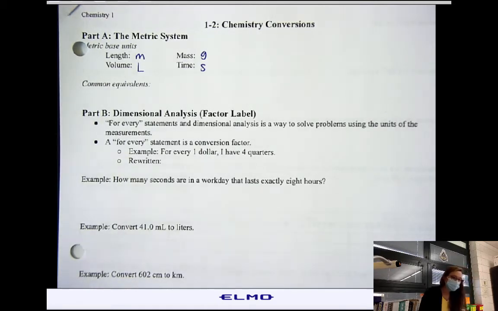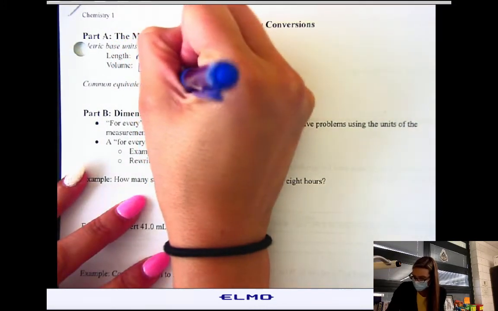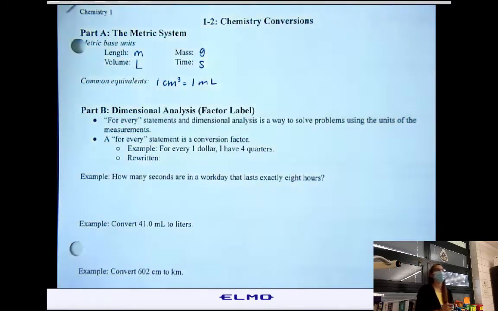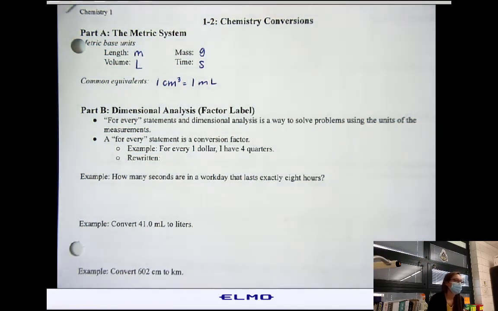Now, some common equivalents, things that are going to be useful for us as we're working with the metric system. One of them is a centimeter cubed. We talked about this briefly when you were in the lab measuring volume, but a centimeter cubed is the same as a milliliter. So if you ever see centimeters cubed, you can cross that out and write milliliters.